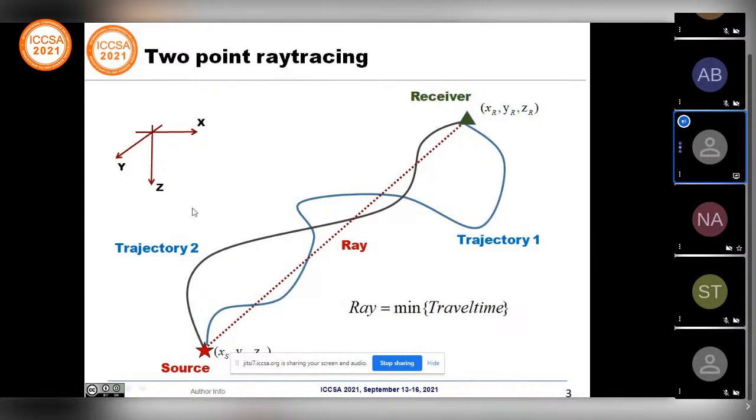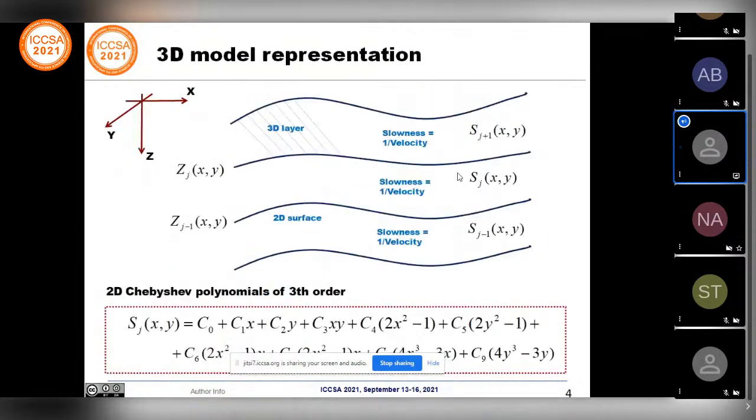We have a number of trajectories, and we modify them in some way to provide a minimum of some functional, namely travel time. The bending method is based on modification of the initial curve that connects a source and receiver pair in such a way as to minimize the travel time along the trajectory, which is the Fermat principle.